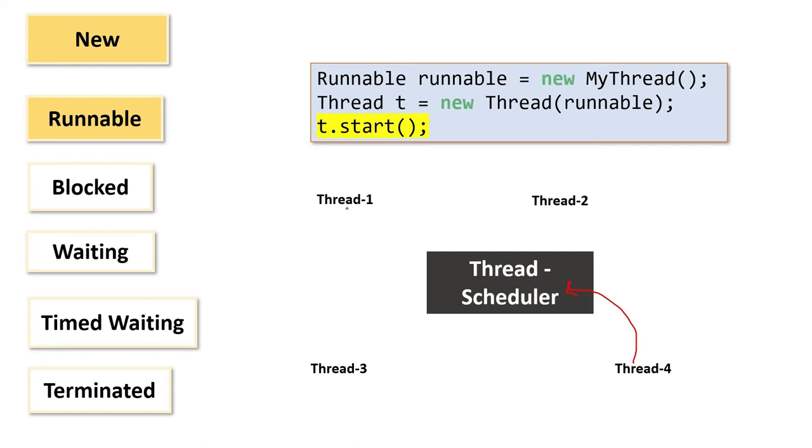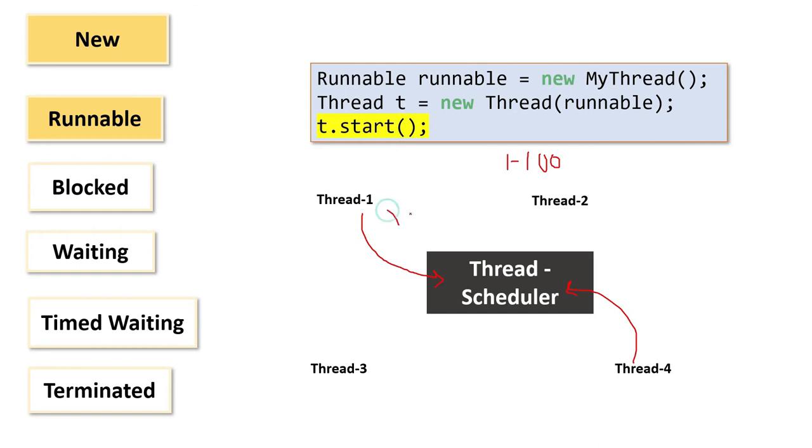So thread 1 has to wait for some time before getting its turn. Now when the thread scheduler schedules thread 1 for running, at that time it will actually be running, but it is already in a runnable state. Now suppose the work of this thread 1 is to print from 1 to 100.